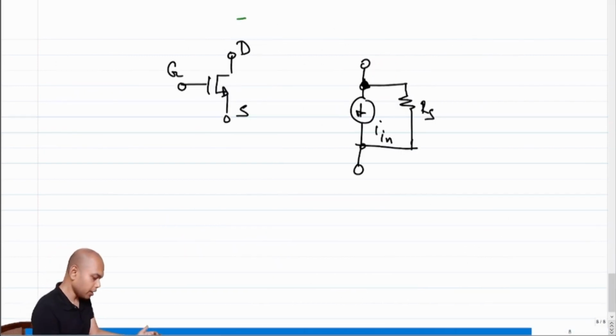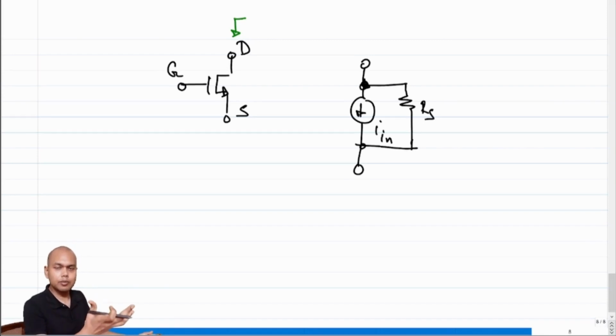So what is the looking in impedance into the drain if the transistor is biased in saturation? Looking in impedance is infinity, right? Because Y22 at the drain terminal is 0. What is the looking in impedance into the source?